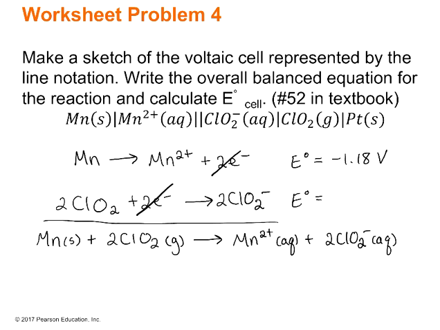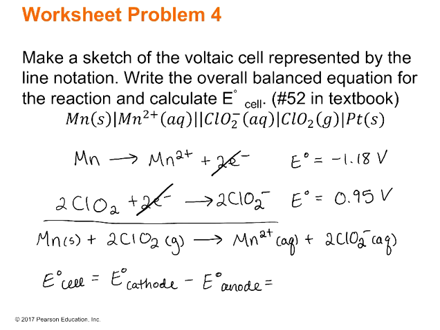And then for chlorite, let's see, that's 0.95 volts. Okay, so now we're going to plug that into our E cell equation, where we take the potential of the cathode and subtract the potential of the anode.